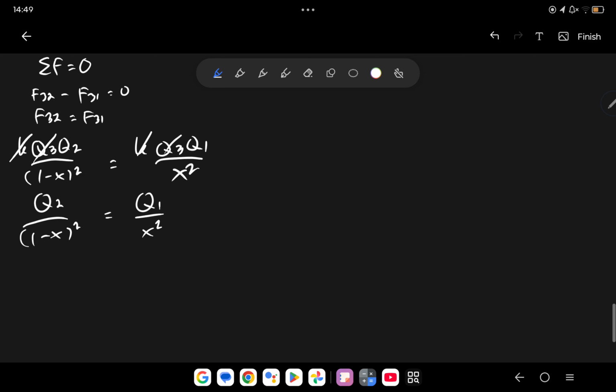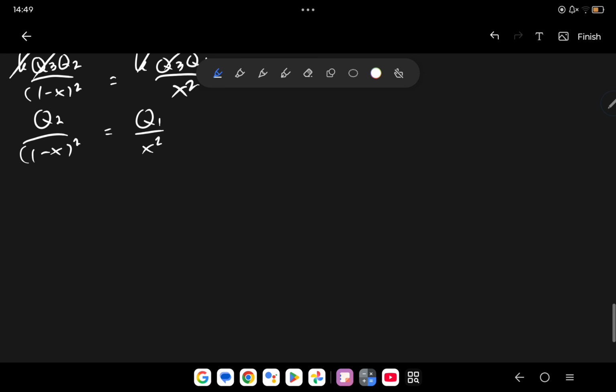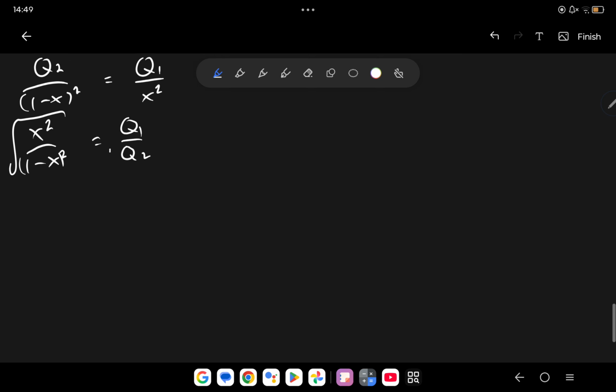Remember the trick. We're going to isolate the squares. So we'll get x squared over (1 minus x) squared is equal to Q1 over Q2. And then we square root. So we get x over 1 minus x is equal to the square root of Q1 over Q2.